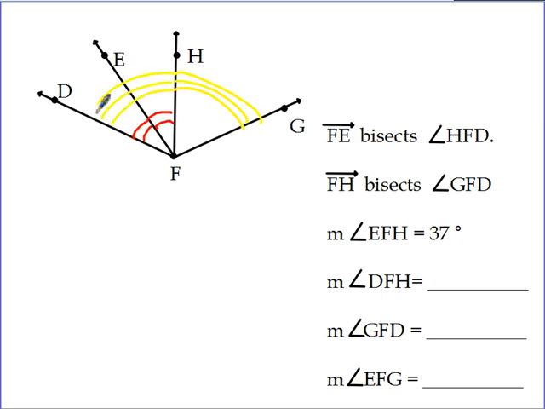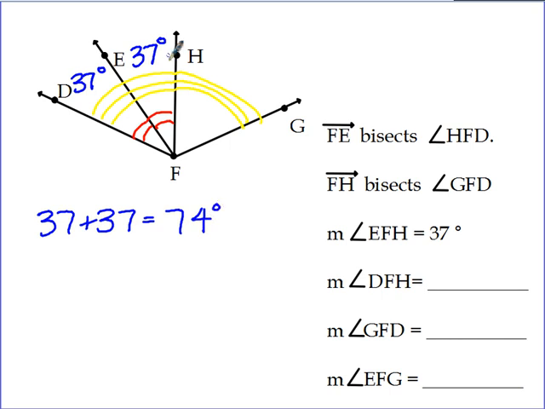And then it tells me that EFH is 37 degrees. Okay, so 37 degrees, my red markings, two of them here and two of them here, means that this would also be 37. Now, if I add 37 and 37 together, I get 74. So that means that this side is 74, so this side also has to be 74.